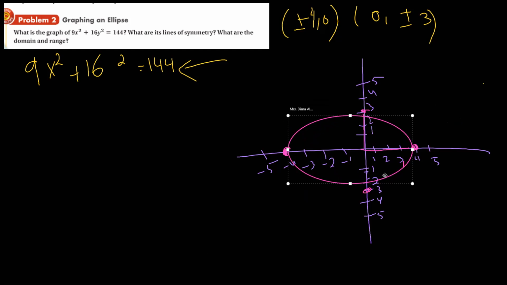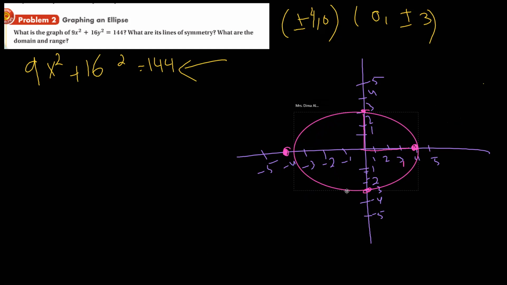Assuming I plotted my points correctly, this is now an ellipse. It has the same distance from 0 to positive 4 and from 0 to negative 4, and 3 vertically up and 3 down.